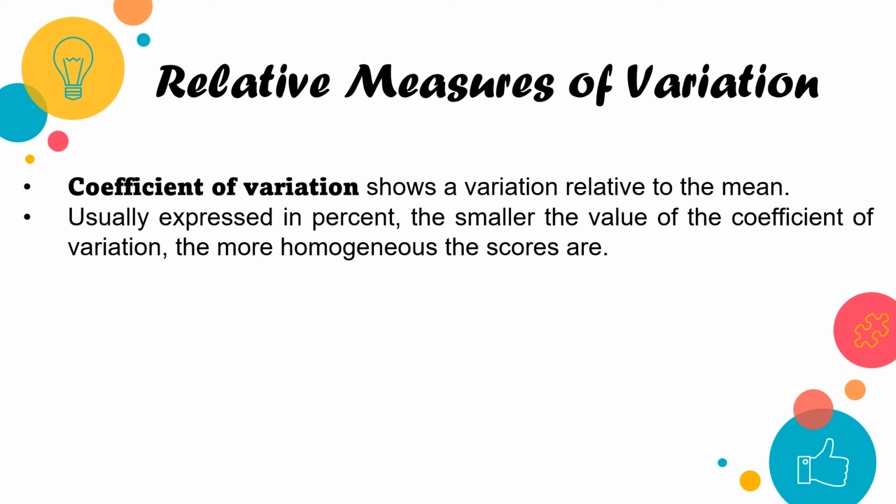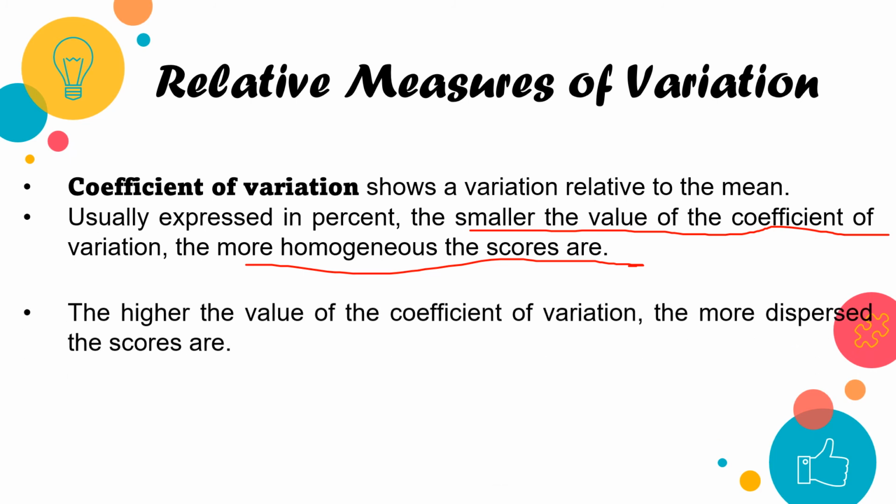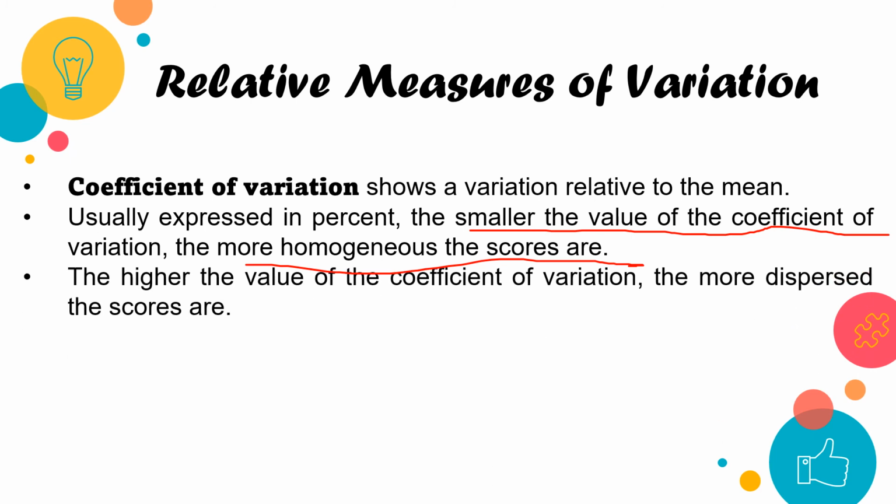It is usually expressed in percent. Here is the interpretation: the smaller the value of the coefficient, the more homogeneous the scores are, meaning they are not very varied. The higher the value of the coefficient of variation, the more spread the scores are. Take note of the interpretation.